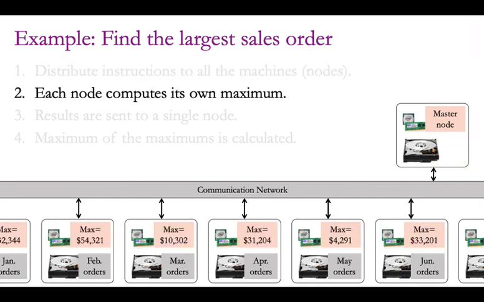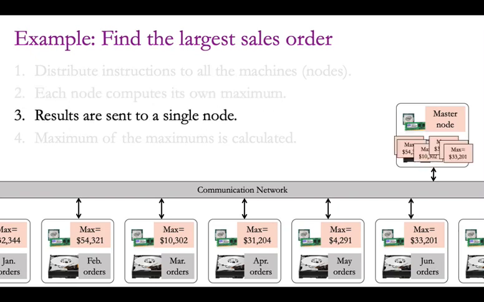And then the next step would be for each of these nodes to compute its own maximum. So it could be that, for example, the biggest February order was $54,000, the biggest March order was $10,000, and so on, right? They each can do a piece of the work, which is to compute the maximum over their chunk of data. They can send the results back to a single node, the master node up here.